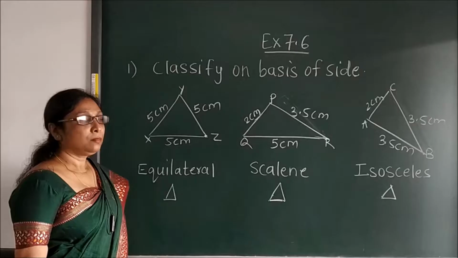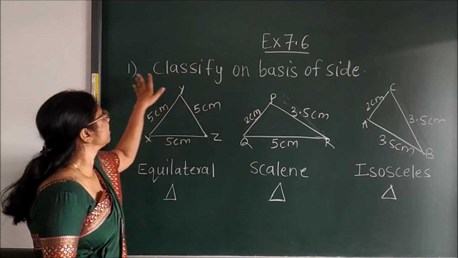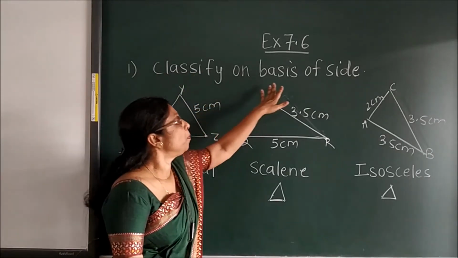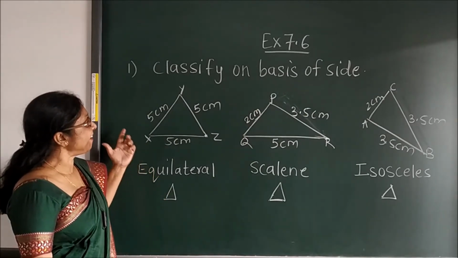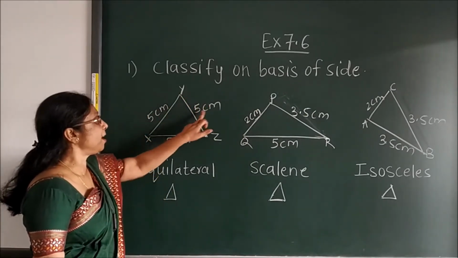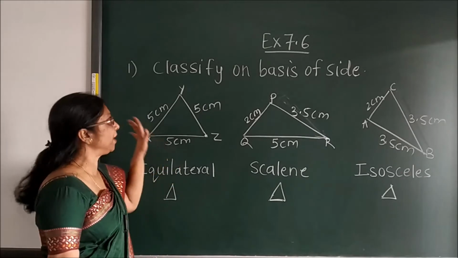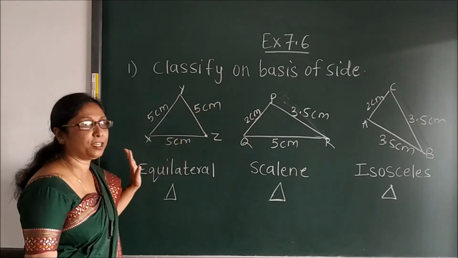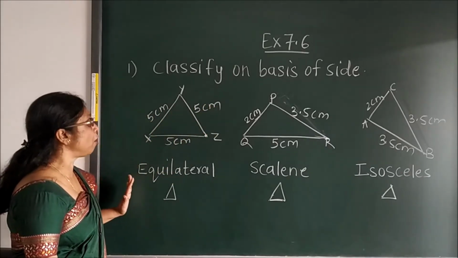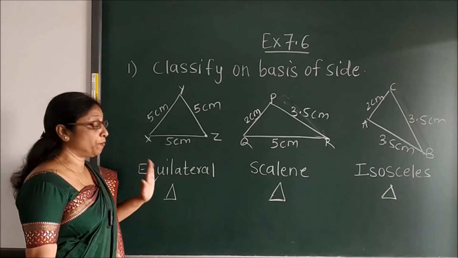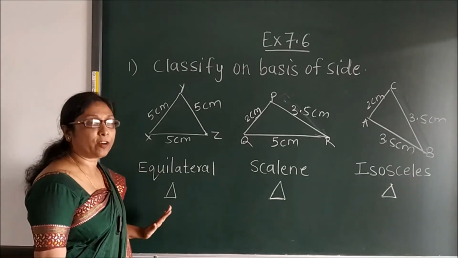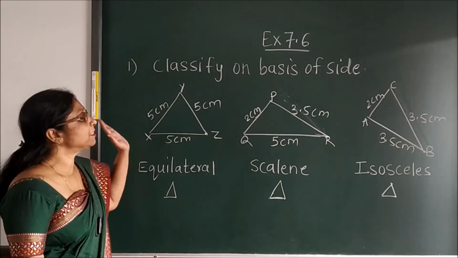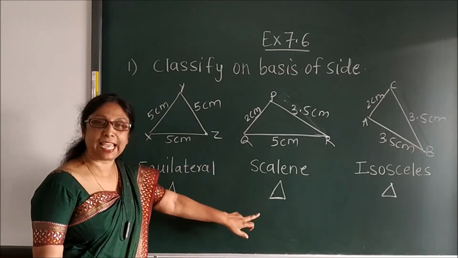Here in exercise 7.6, we will classify triangles on the basis of sides. Now as you see in the triangle, all the 3 sides are different. When all the sides are different, we call it a scalene triangle.